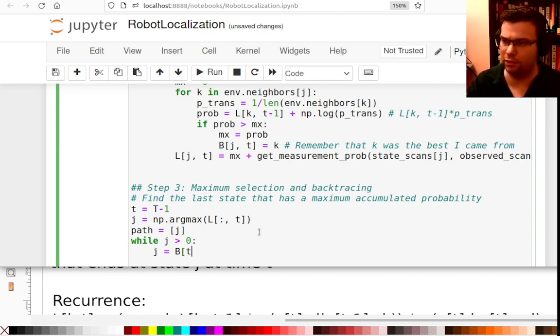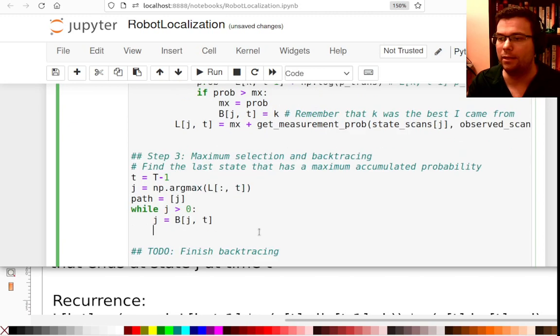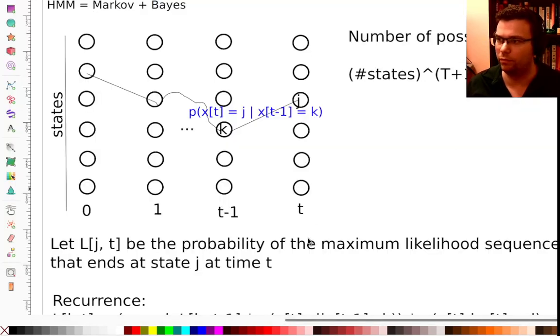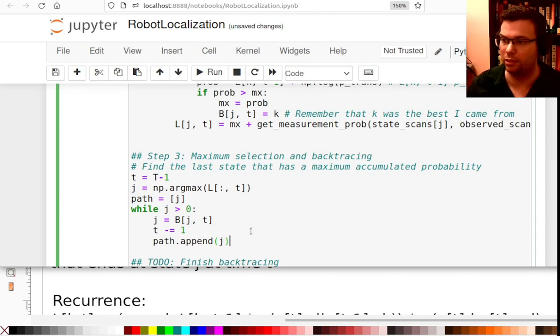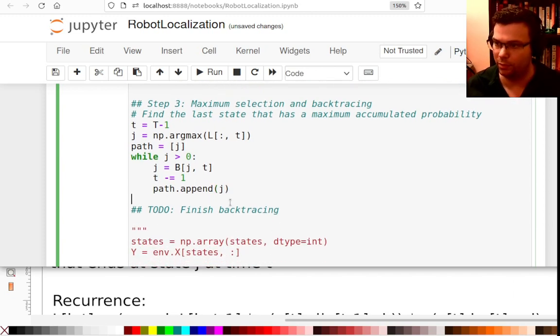So, whoops, I switched to the indices here. What was the best I did to get to state J at time t? And now I will also move t along. So I'll keep moving to the left. I'll move from this column to this column to this, and I'll just follow the arrows until I get back to the beginning. And then I'll have my path. So I'll be sure at this point to append my J that I just got to the path.